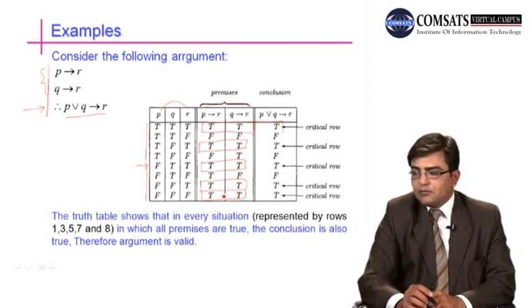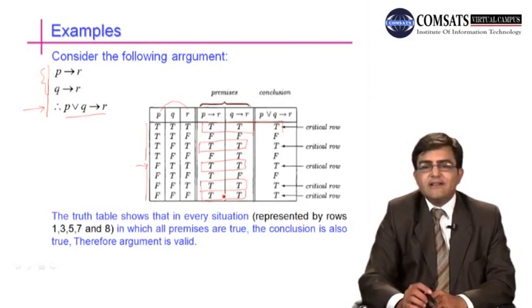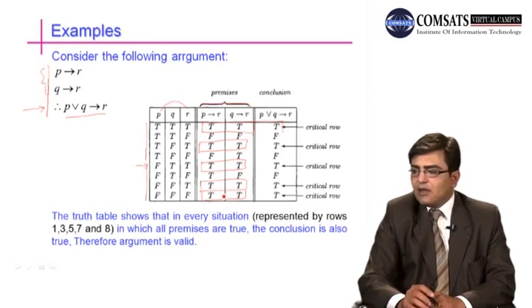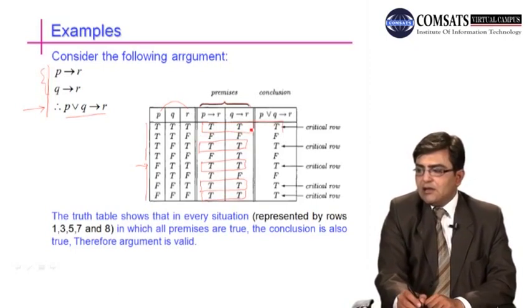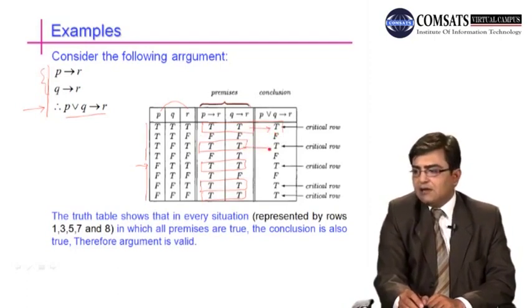Now, to check the validity of an argument, we see whether corresponding to each critical row the conclusion is true. Here the conclusion is true. Here the conclusion is true.